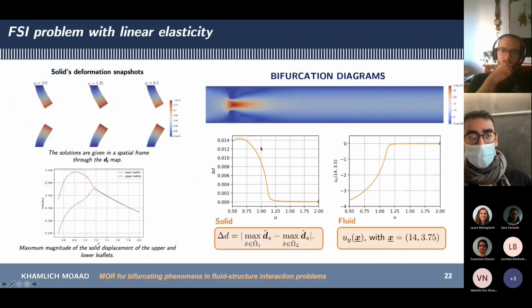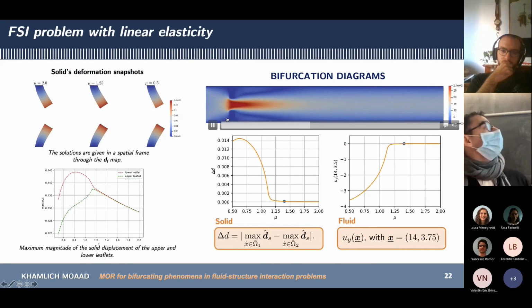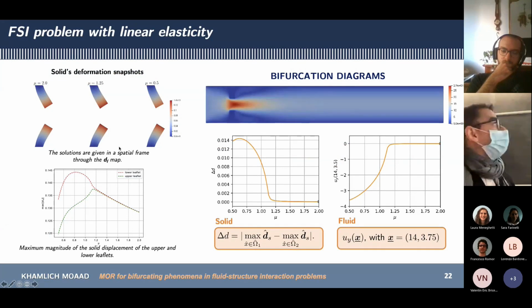So the second test case concerns the fluid structure interaction problem. And in this first setting, we are dealing with a linear elastic solid.